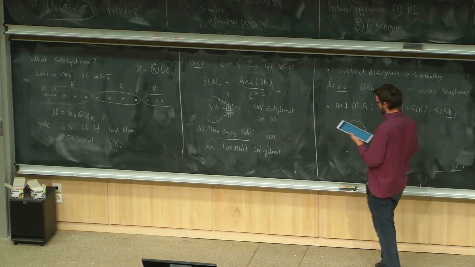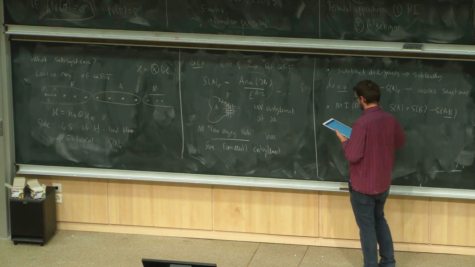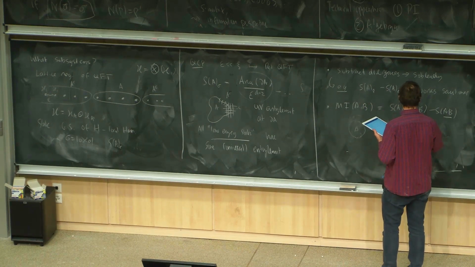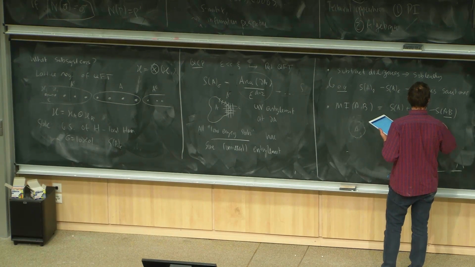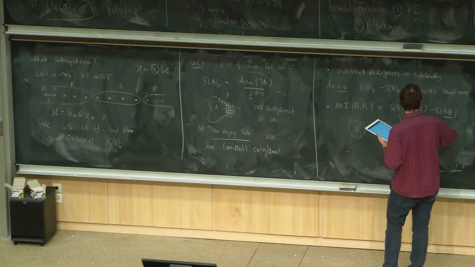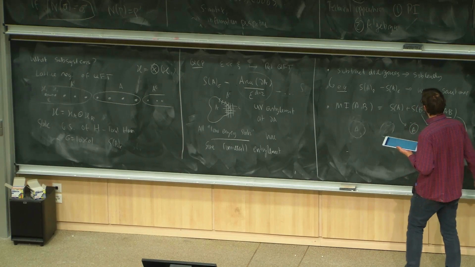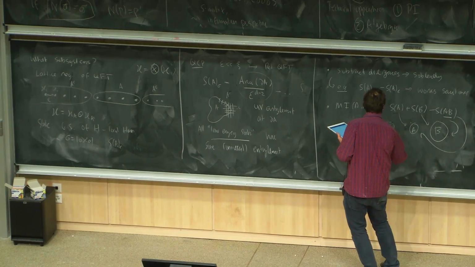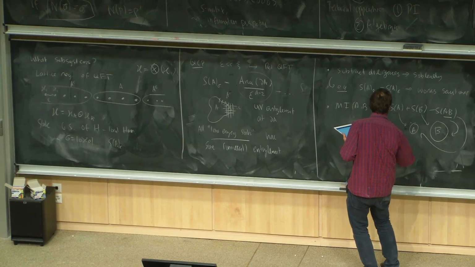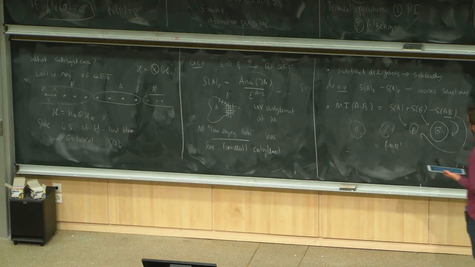So let me draw it over here, some A, some B. There are some divergences here, some divergences here, but then they're subtracted by the divergences here, and then this is meant to be finite. And indeed, you can do specific calculations where that's the case.